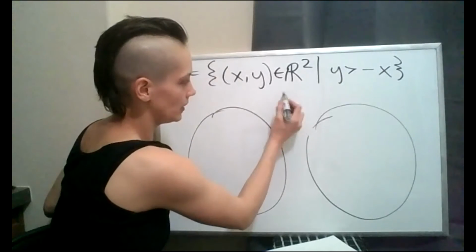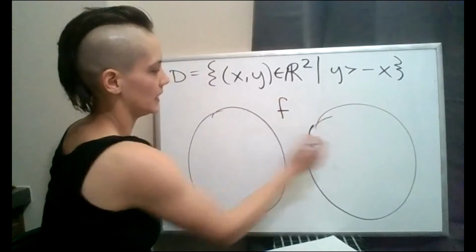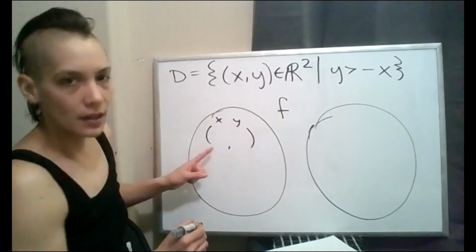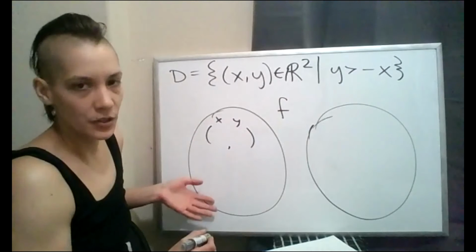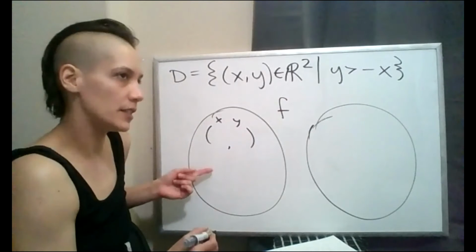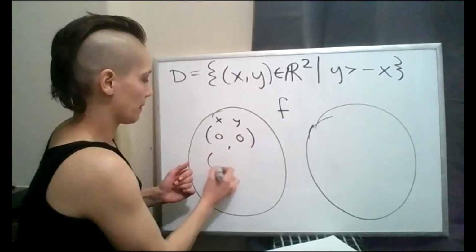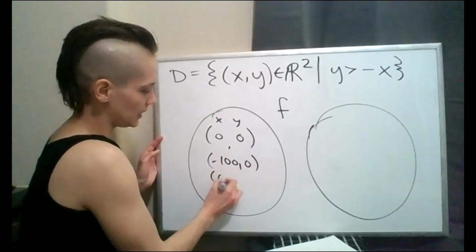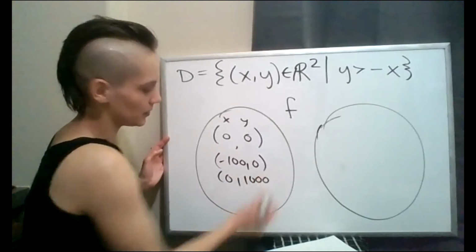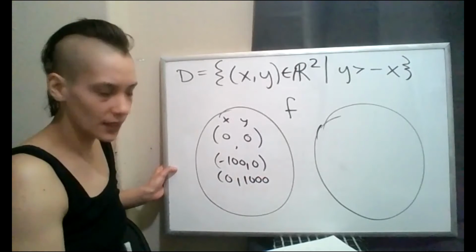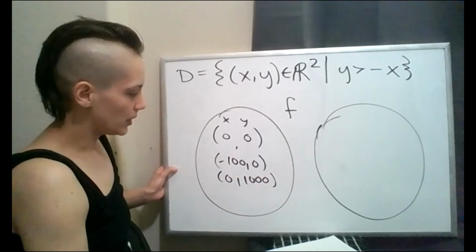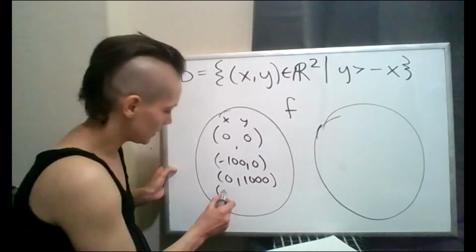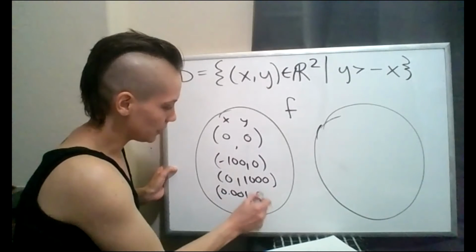Your function is f. It takes in little x, y values. I'm just going to show you all the numbers I tried. So I tried 0, 0. I put in a -100, 0, and a 0, +1000. Just playing around. And then I put in small numbers, like 0.001, comma 0.